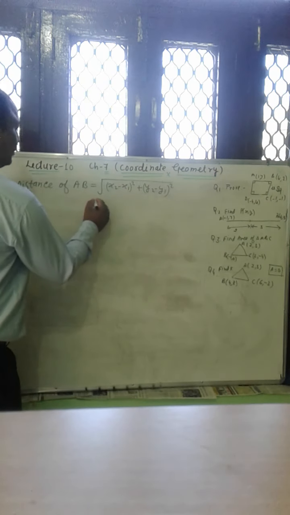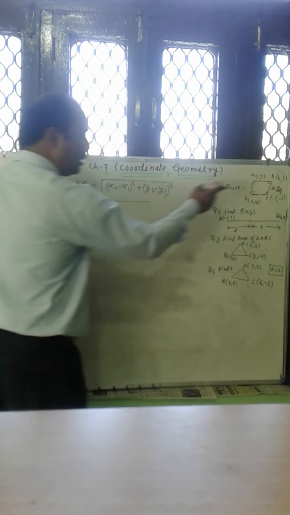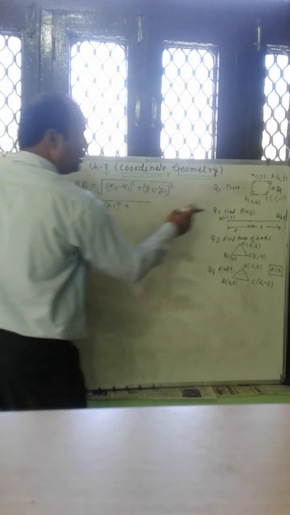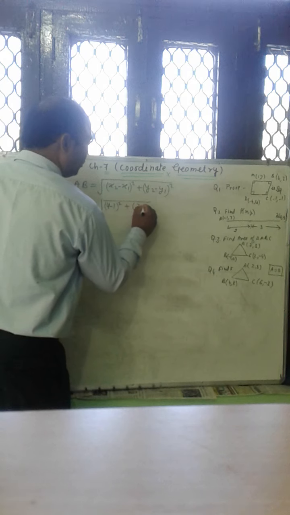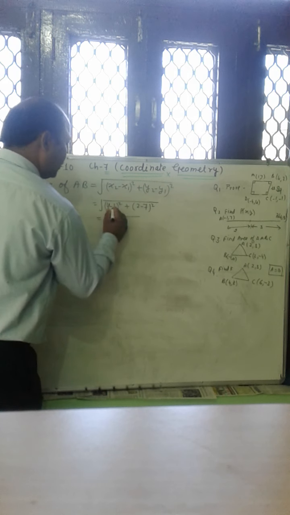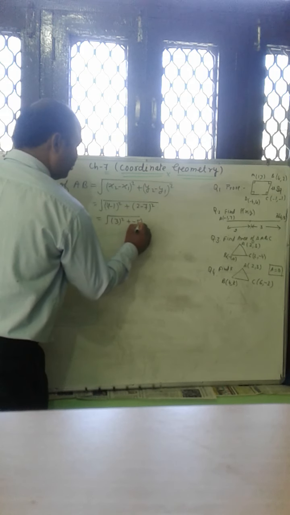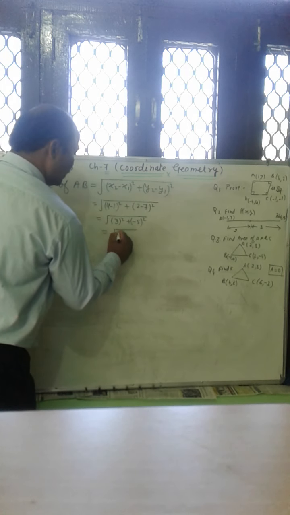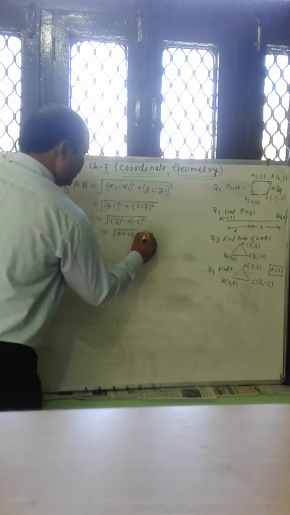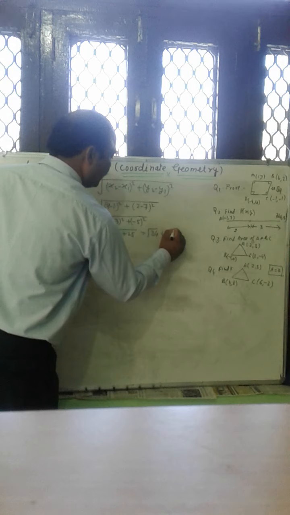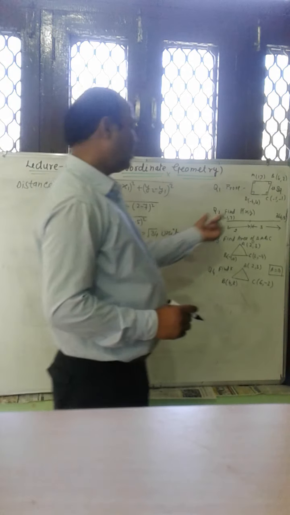Putting these in, this equals root of (4 minus 1) squared plus (2 minus 7) squared, which is root of 3 squared plus (minus 5) squared, which is root of 9 plus 25, equals root 34 units. Okay, this length is root 34.